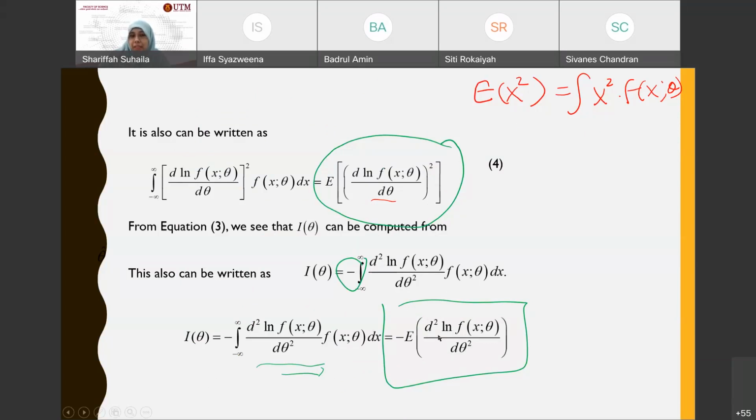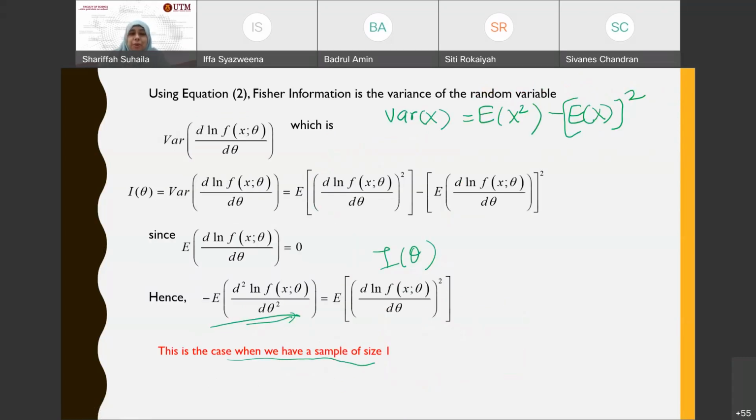Finally, when we equate and simplify, we have negative expected value of d squared ln f(x; theta) over d theta squared, which equals the expected value of d ln f(x; theta) over d theta, squared. But this case is only when you have one sample size.